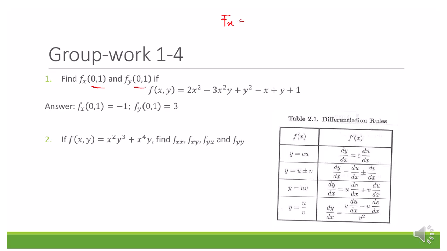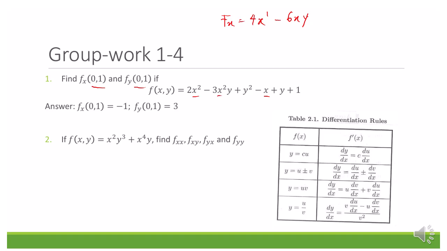So we take everything with the x variables, and those without x become constant and become 0. The answer will be 4x^1 minus 6x^1 multiplied with y.